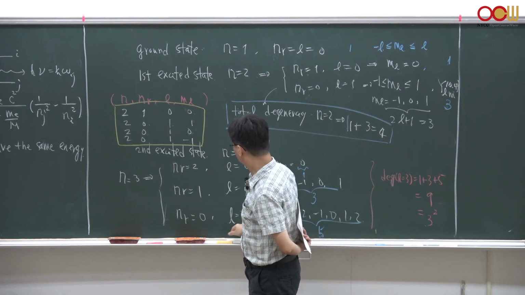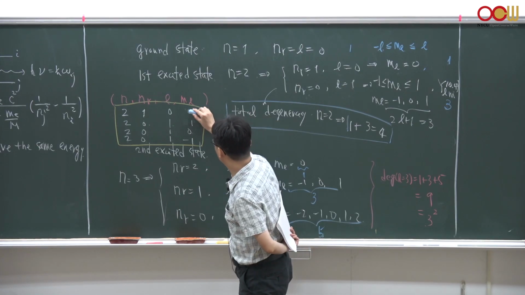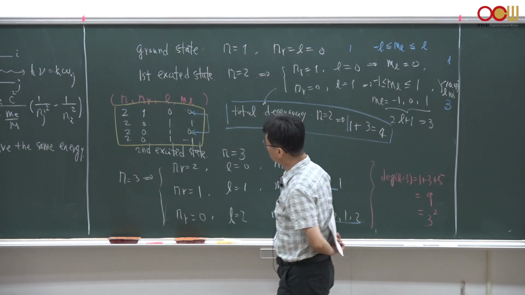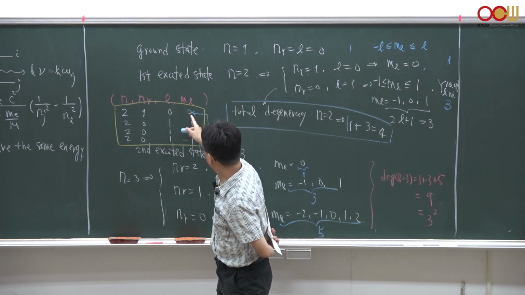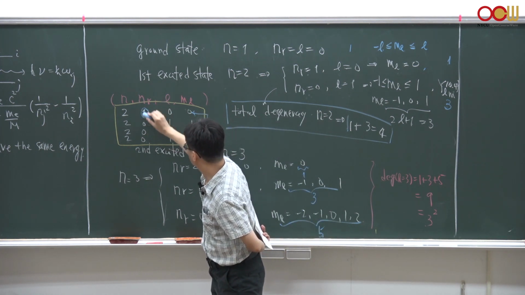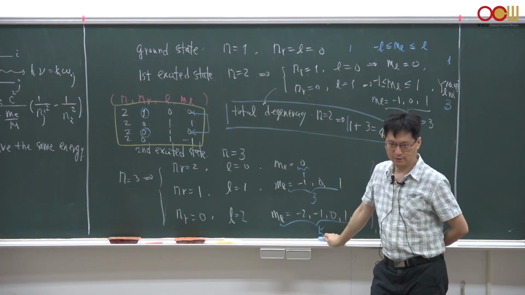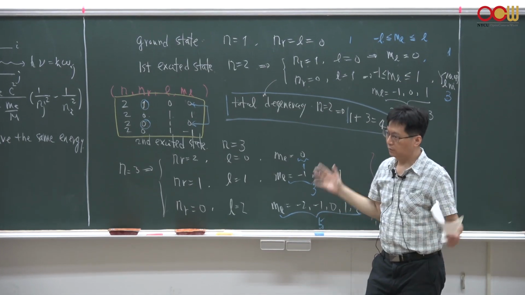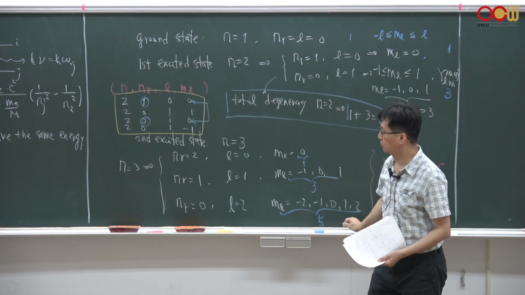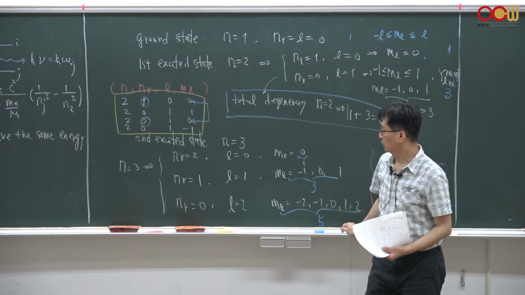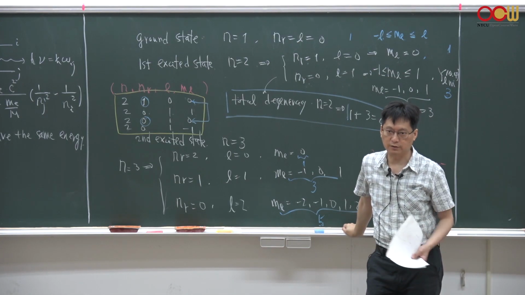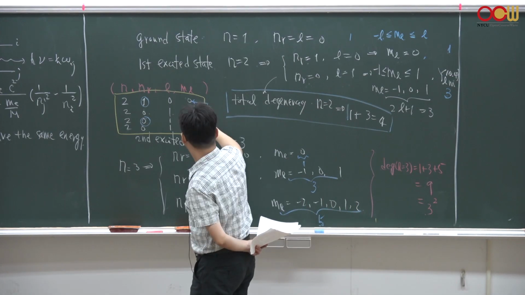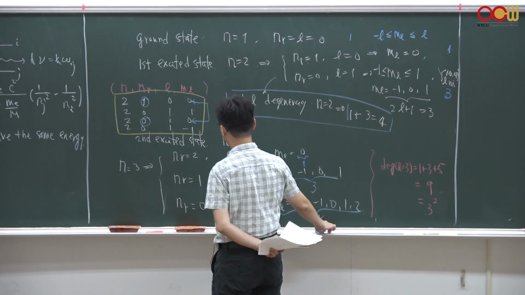If you look at these 2 states with the same 0 of ml, they have different nr. We will come back to this when we combine all these different components of these eigenfunctions. You see that nr also plays a role in the radial part of the wave function.